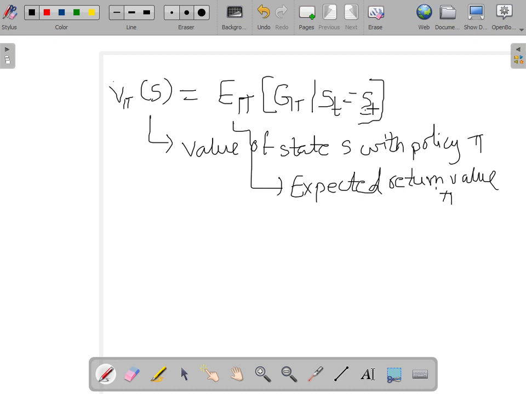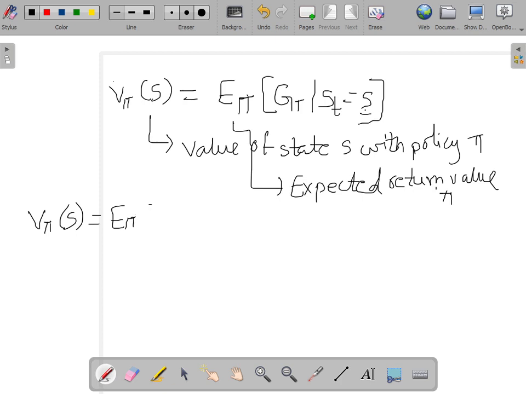So now what we are doing is taking this equation to generate again. Finally, we are substituting this G with that value, which we have already derived. In the generative equation, we are taking v pi of S, with the same E pi.